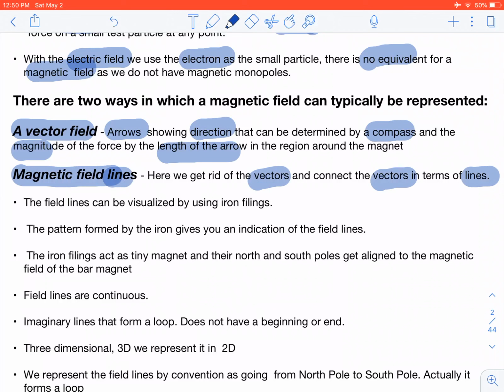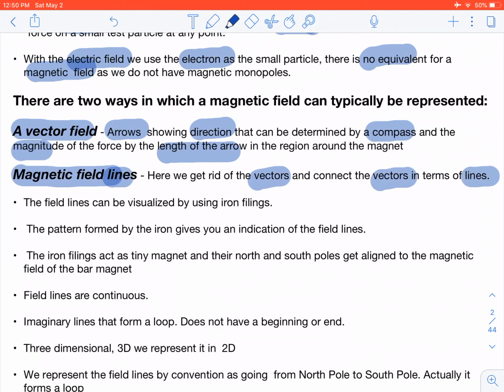Now, we know we've got a field around a magnet, a bar magnet or a horseshoe magnet. There's something there which we don't really know, but we know it's exerting a force. And we want to get a picture of what is happening around a particular magnet.